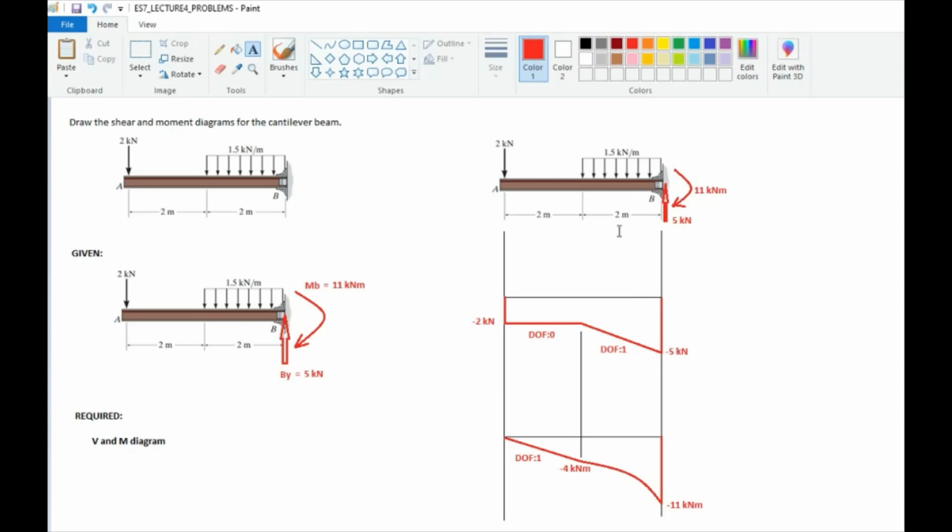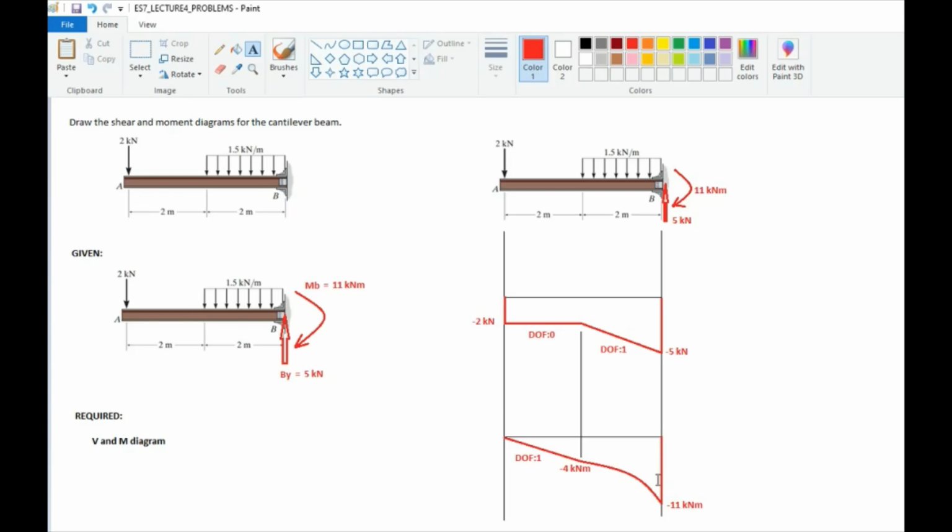And then times 2. Okay. So, ayan. You will, and then you add that to -4, you'll get -11 kilonewton meters.